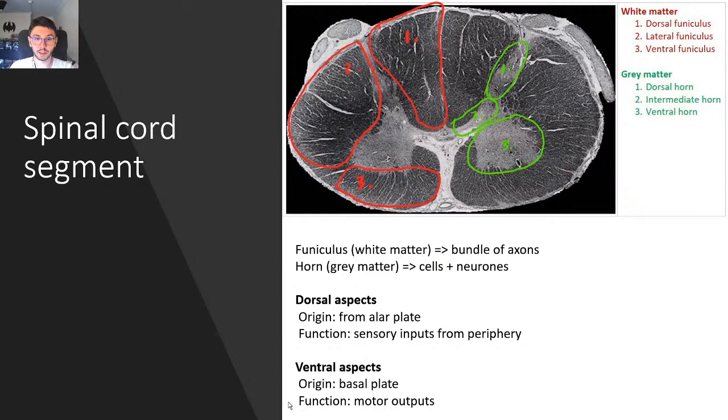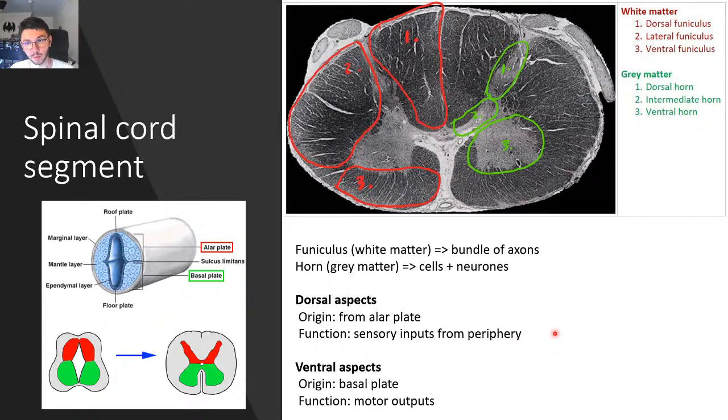And if we look at it here, it's because of the embryology. The alar plate is the dorsal part of the neural tube. And all the cells which are part of the alar plate, they become the dorsal funiculus and dorsal horns. Now what does this mean?